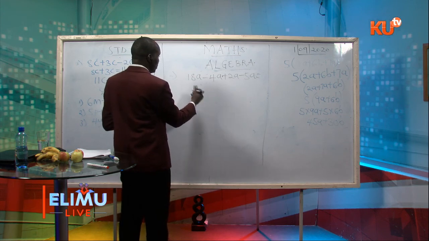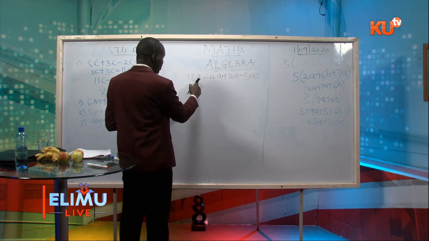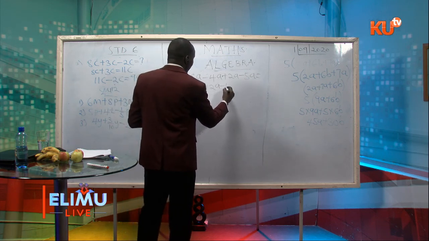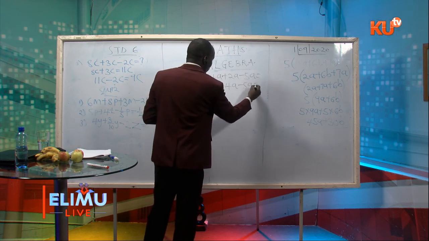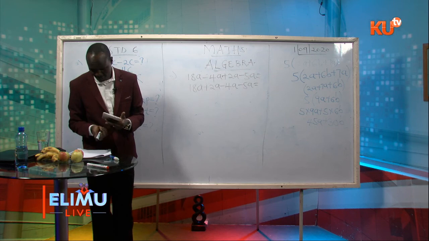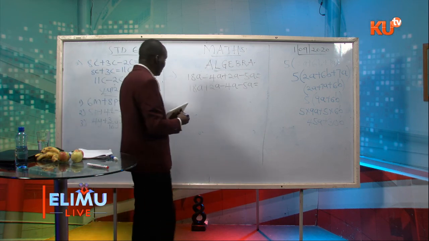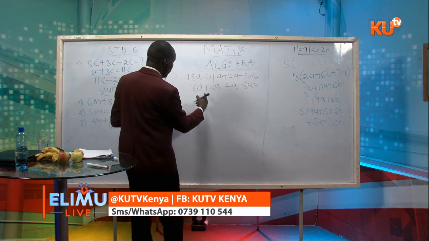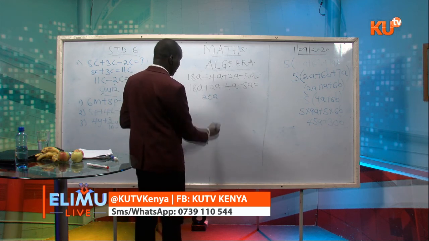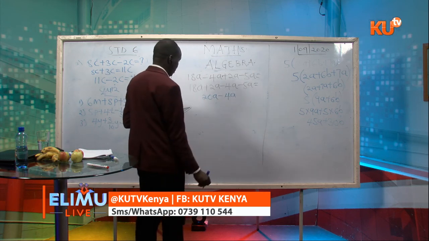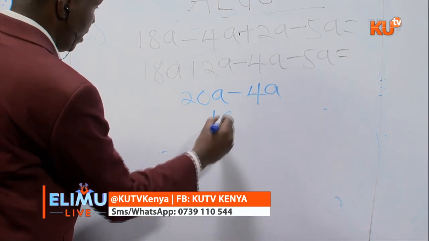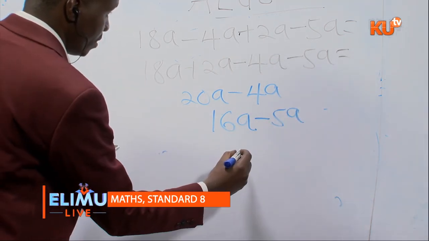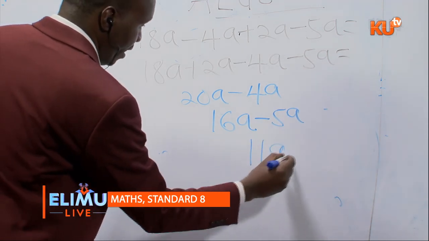Here we still have to group them. That is 18a, we start with addition first. 18a plus 2a, take away 4a, take away 5a. 18a plus 2a, we get 20a. 20a take away 4a, we get 16a. 16a take away 5a, we get our answer as 11a.